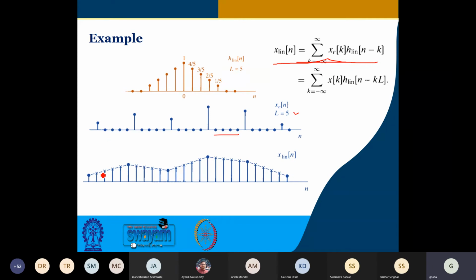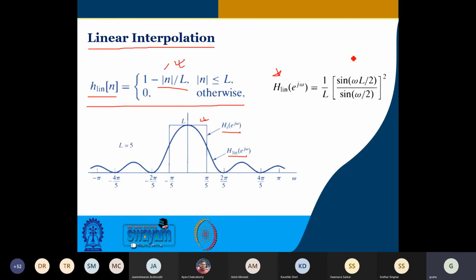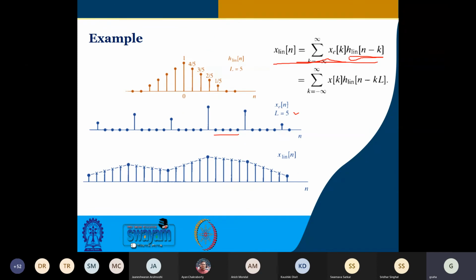So the zeros get converted to some value which is derived from this interpolation, this unit sample response that has been considered as a linear interpolation method. But you can have other ways of doing it. Is it understood? Any question here?